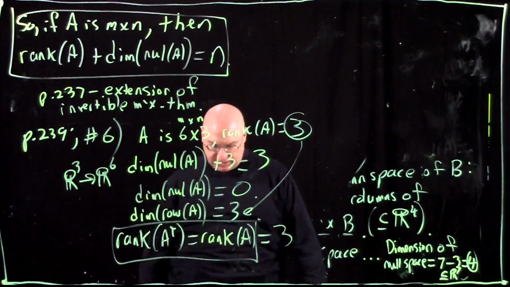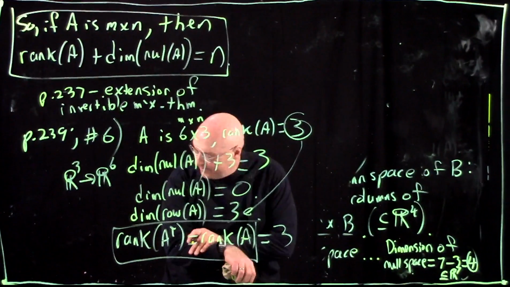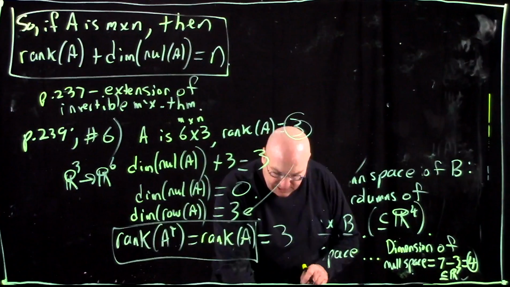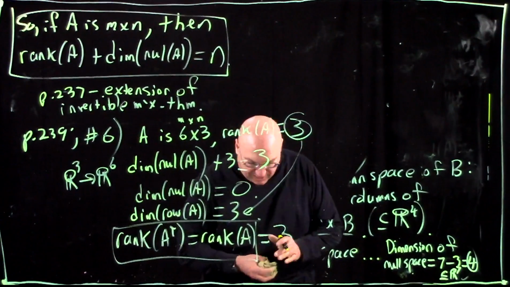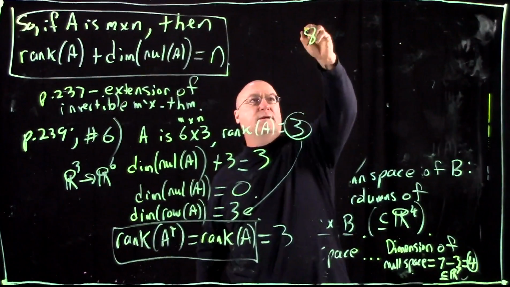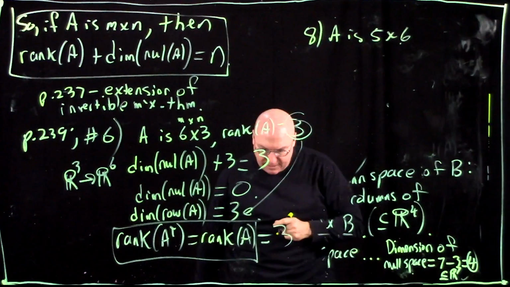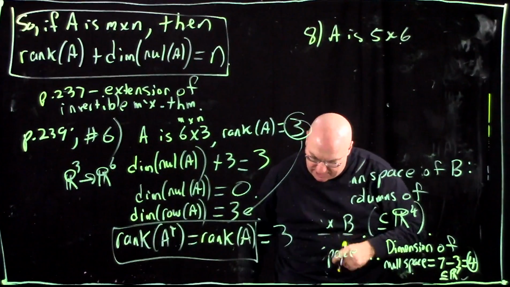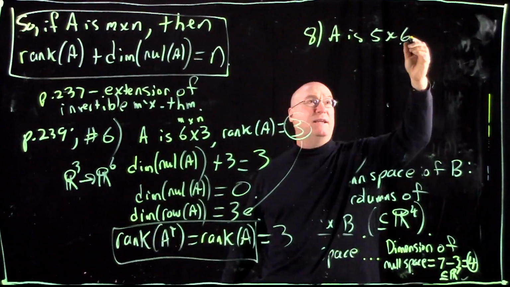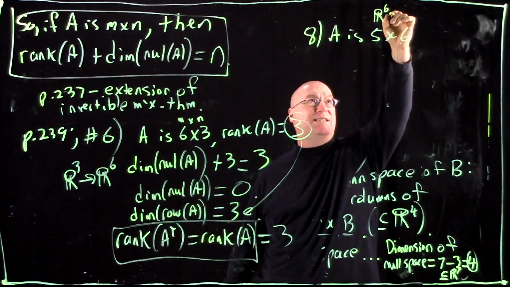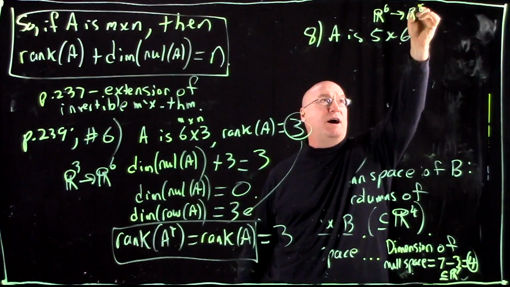That's number 6. Let me try number 8. Number 8, suppose A is 5 by 6. So it's m by n, so it takes R6 to R5, right?